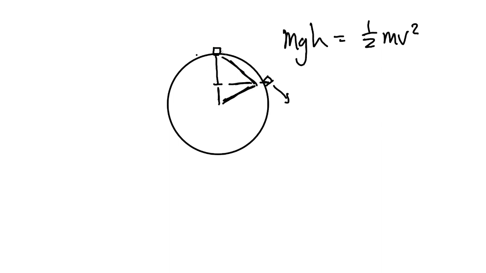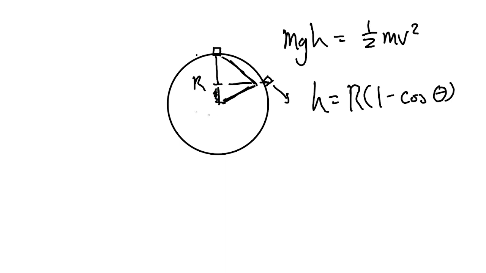Where our h is going to be equal to r times 1 minus cosine of theta. And we can find that it's kind of similar to pendulums, which we'll talk about later, where this is our entire r, right? This is our r. This is our r cosine theta. Here, right?